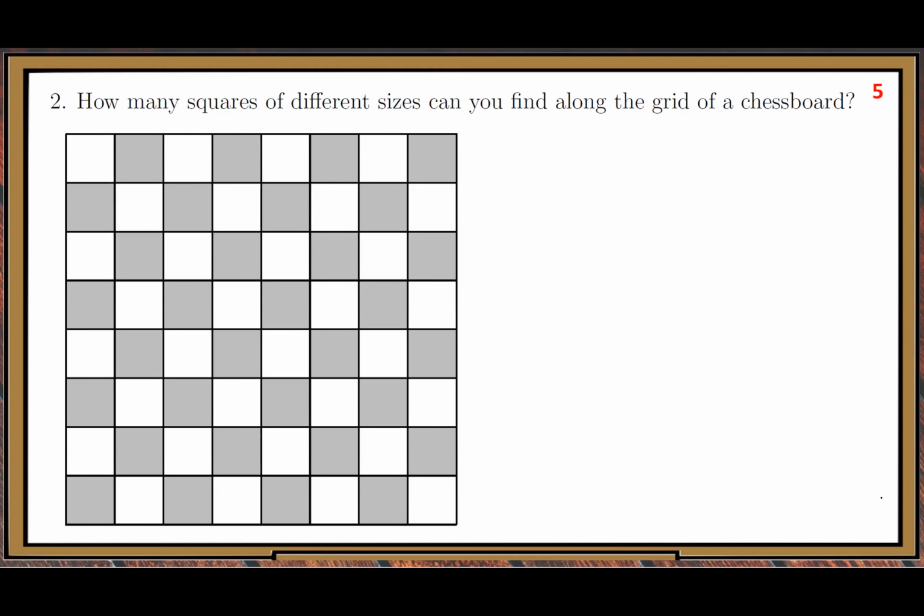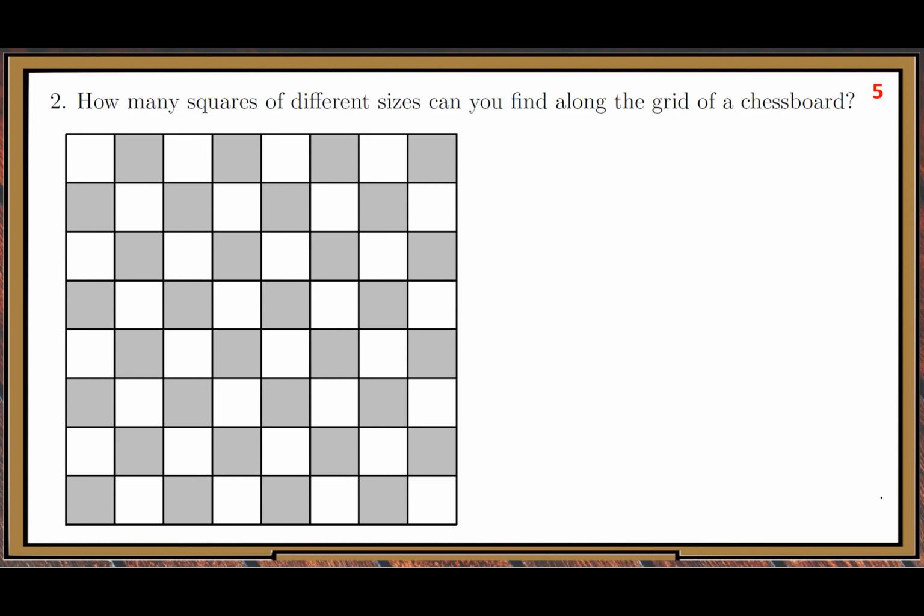Chessboard question. We have a standard 8x8 chessboard here, with dark squares and white squares like this. I ask you to count how many squares of different sizes you can find along the grid of the chessboard.